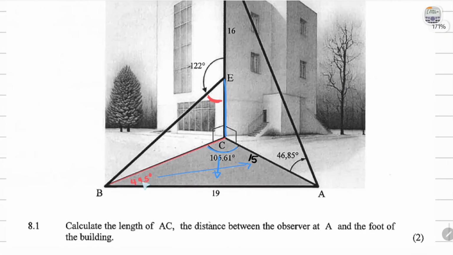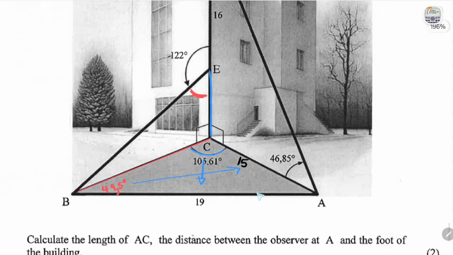Since we have this, we can finally use that to find this angle. That's what we were looking for, because this angle will help us to find BC and BC will help us to find EC. So you see that you can simply just use the angles in a triangle. The angles in a triangle add up to 180 degrees. So this angle BAC is 180 degrees minus this angle and minus the 105.61 degrees.